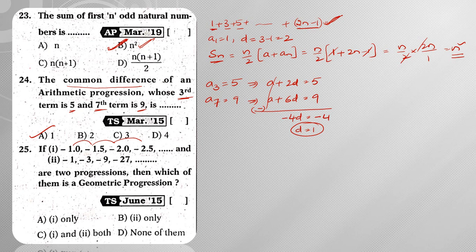When you have common difference, then we call it arithmetic progression. Here, minus 1 into 3 is minus 3, minus 3 into 3 is minus 9. So here we have common ratio. Whenever you have common ratio, we call it geometric progression. So only the second one is a geometric progression, right?